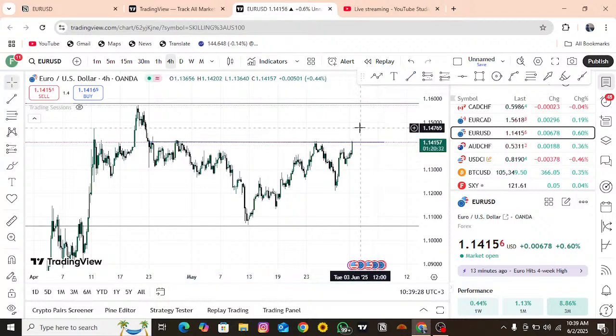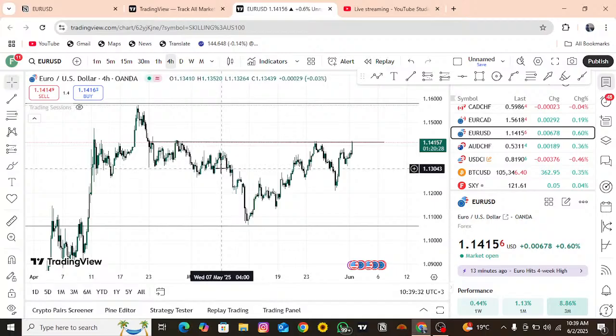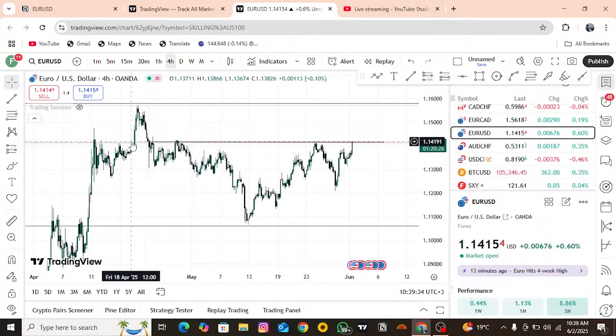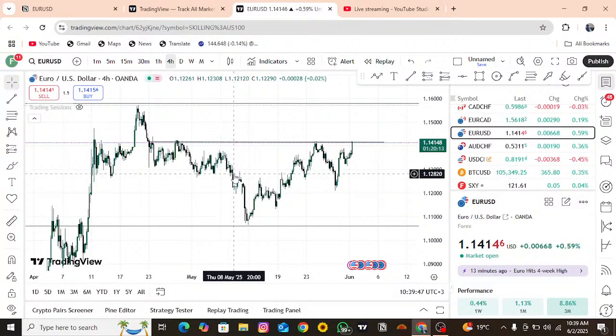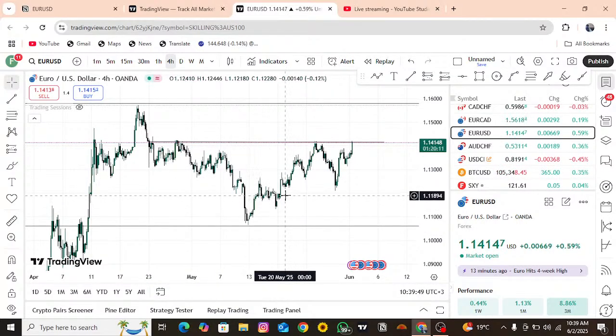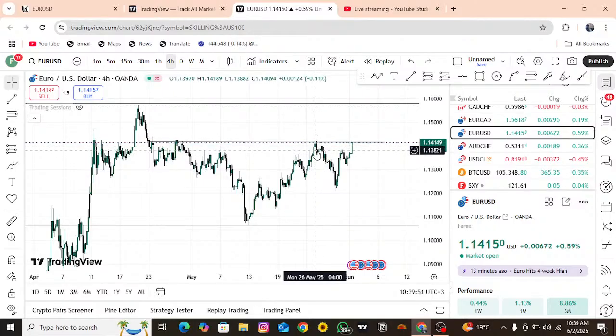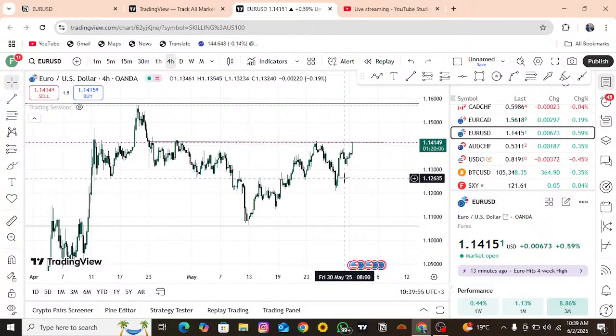And why am I saying liquidity is residing here? The market was in an uptrend, came here, tried to break past this level, but failed. Dropped down, again came to the same level, failed, dropped down, collecting this liquidity over here.